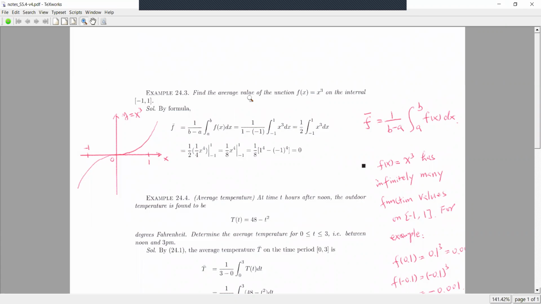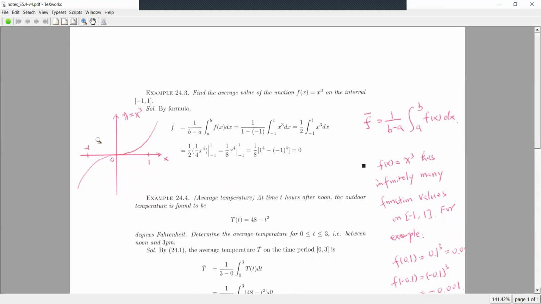Find the average value of the function x to the third on the interval -1 to 1. Here is a plot of the function. Between -1 and 1, this function has infinitely many function values. Now I want to take an average of these function values.